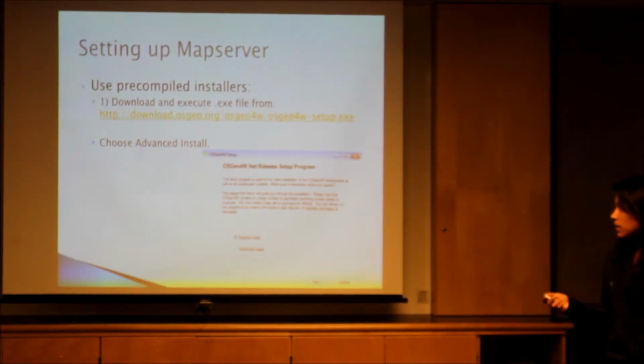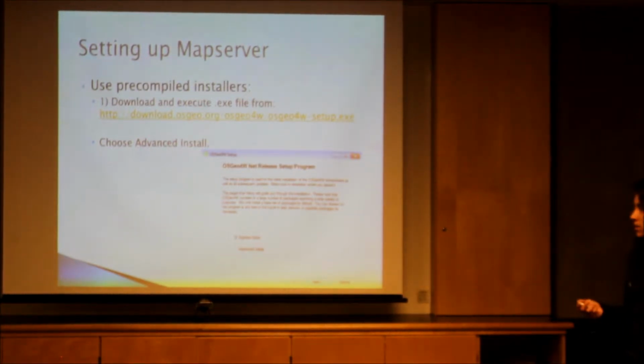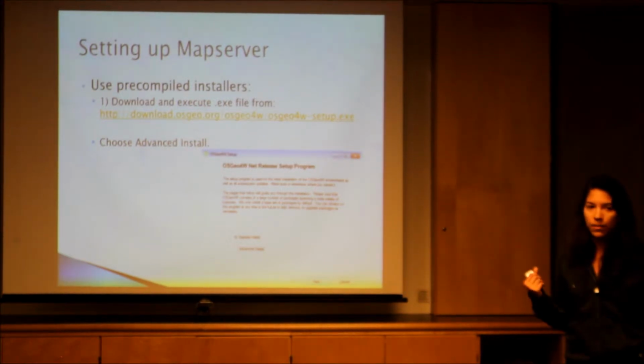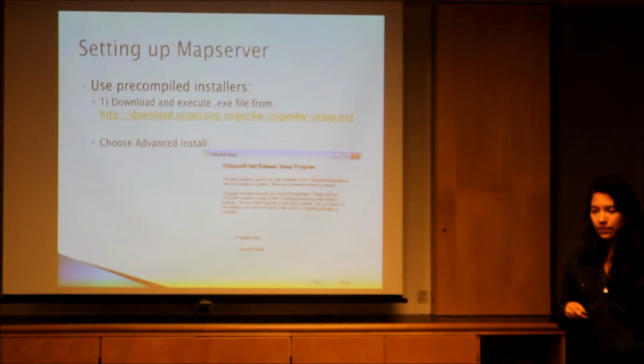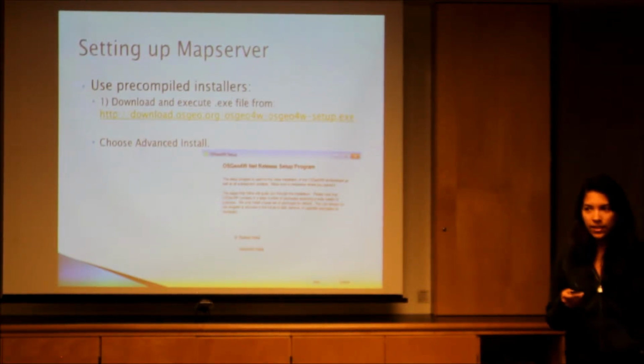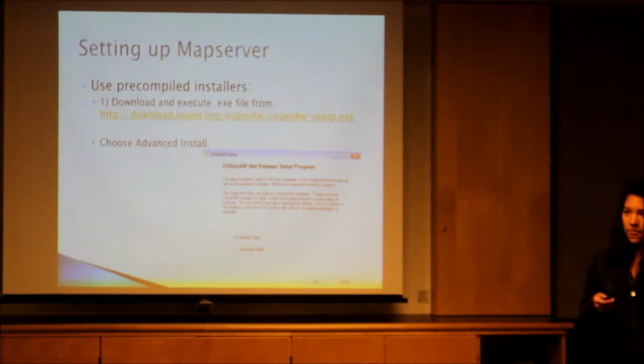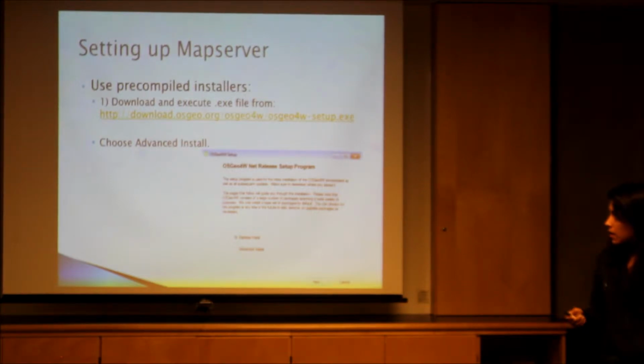In order to set up MapServer, the easiest way is to use a pre-compiled installer, because if you do it step by step, I think you will have to install at least 10 libraries to make it useful. And even the MapServer community doesn't recommend that, because if you don't know what you're doing, it's kind of difficult to keep it going.